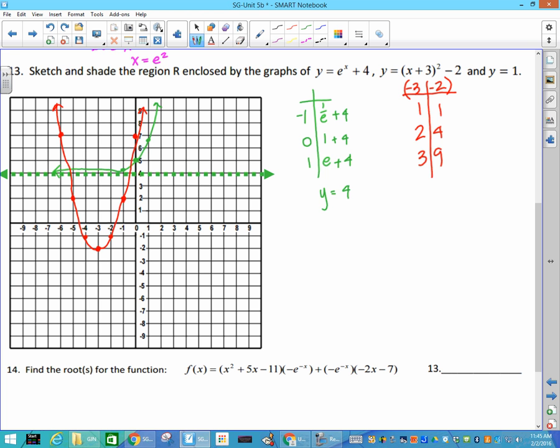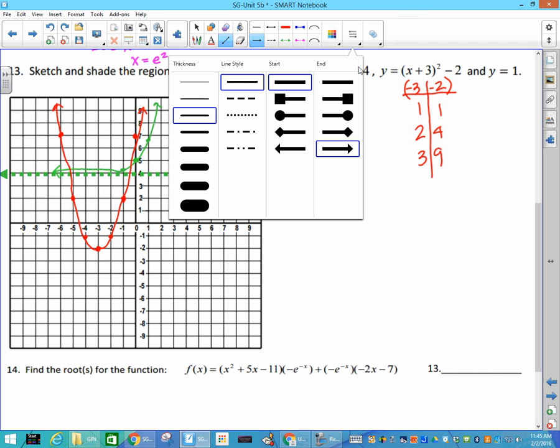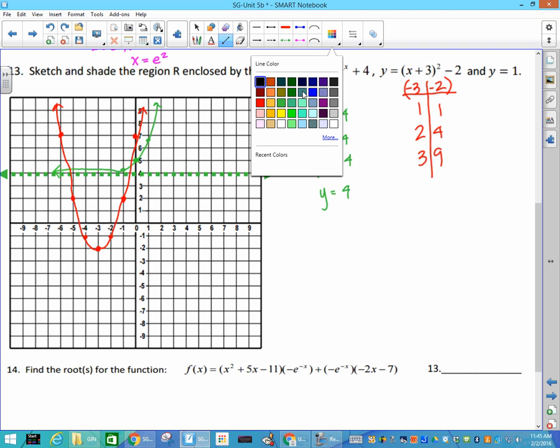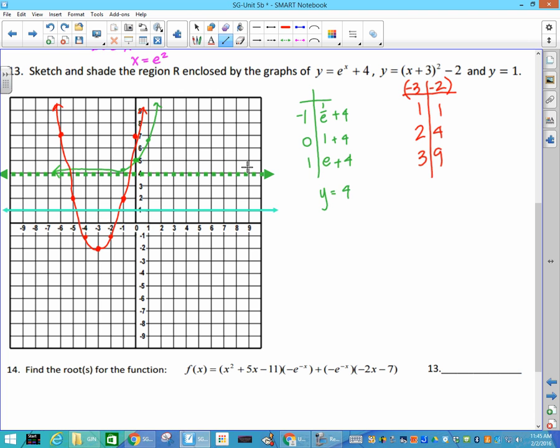And then I have my last one, which is y equals 1. And y equals 1 is a line. This time we need to make sure it's not dotted. Okay, and if it's not dotted, y equals 1 intersects the y-axis. So we're right here. If I'm looking for this part of the graph that is in between all of these, then that means that I'm shading this.